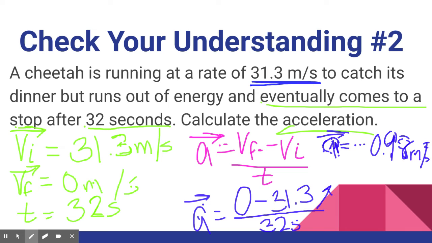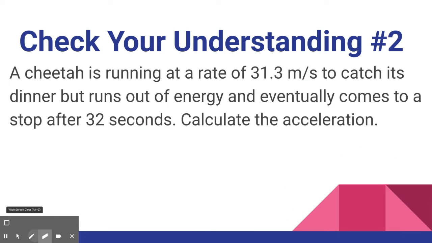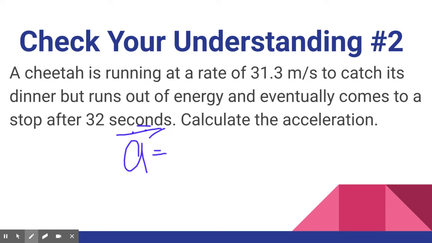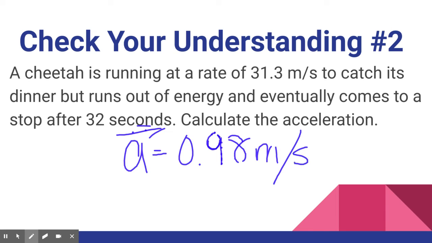Let me clear this out. My answer here is 0.98 meters per second squared. It's a negative, but I'm not done yet because I need to show that this is a direction.